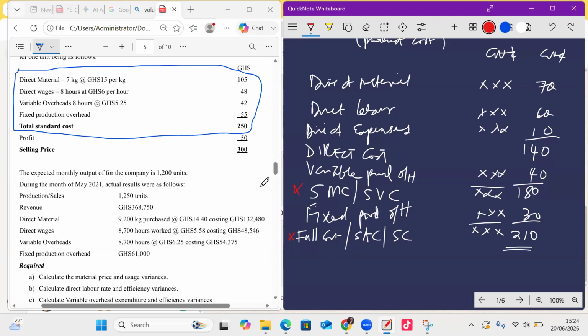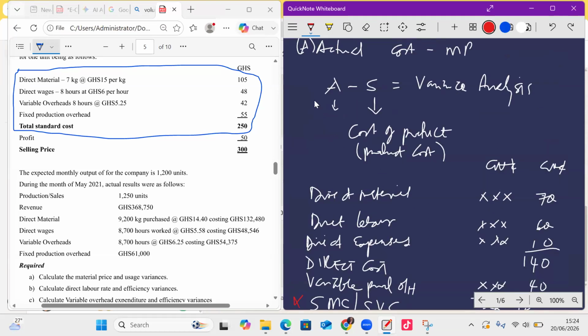Yeah. Good. So we need to find the variance up here. To find the variance, we need the actual of whatever we're going to work out against the standard. And in this question, what are circled is the standard, what is set by the organization. And look at the question. During the month of May, this is the actual results.